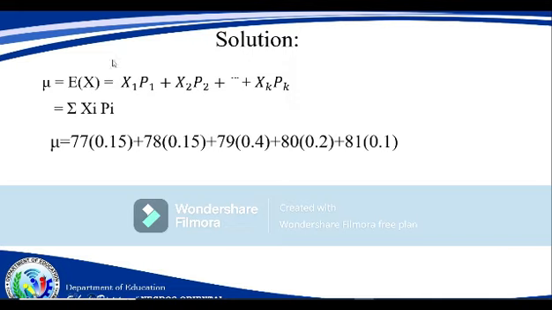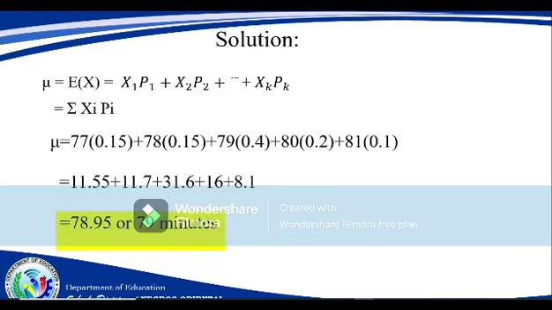So the mean is 77 times 0.15 plus 78 times 0.15 plus 79 times 0.4 plus 80 times 0.2 plus 81 times 0.1. Then you'll have 11.55 plus 11.7 plus 31.6 plus 16 plus 8.1. Then you will have 78.95 or 79 minutes. So that is now the answer.